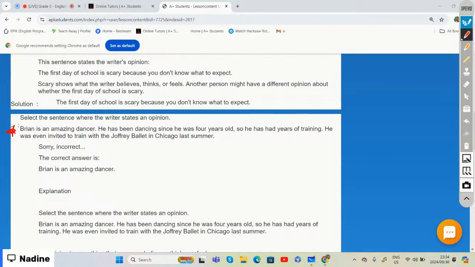Some people are excited because they'll be meeting new friends. Some people say, I kind of like school because some kids are mean, right? They love meeting new people.